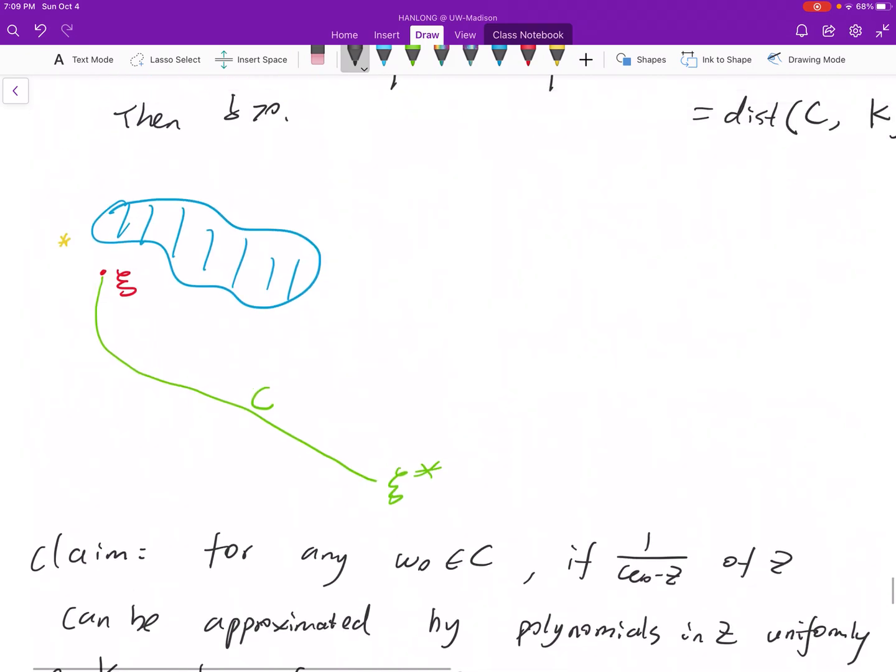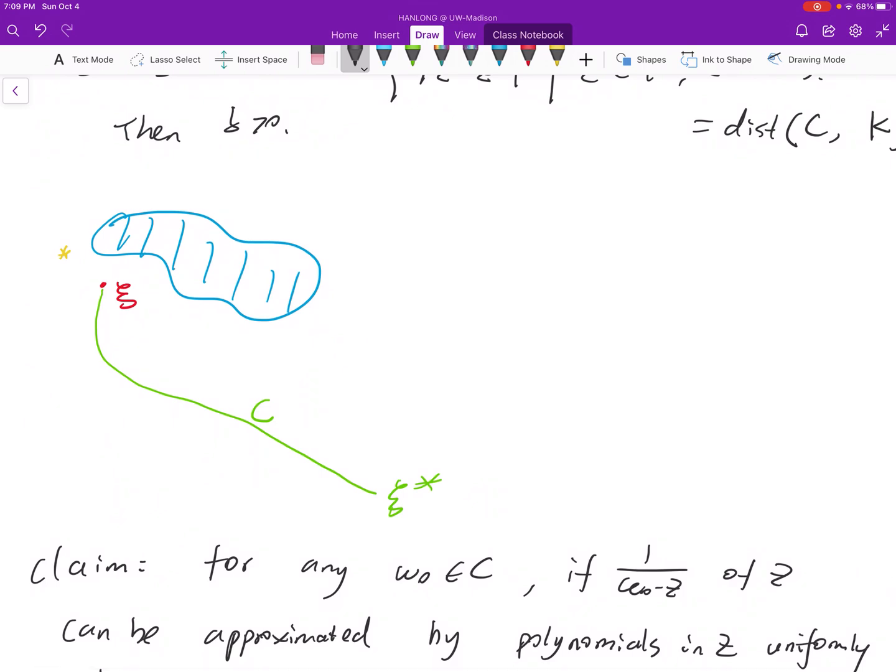So if you look at the picture, you just add more nodes inside it. The distance is delta, and the difference between adjacent nodes is less than delta over 2.